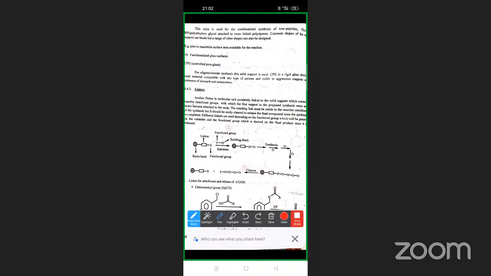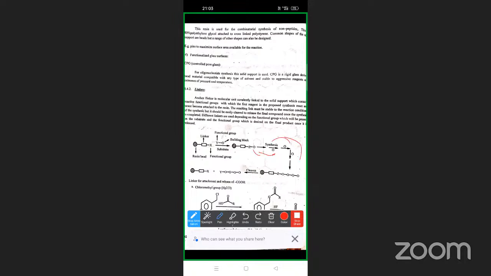Then the synthesis is carried out sequentially. The different building blocks are going to attach or react with this particular intermediate compound here. The next amino acid or next building block attaches here, then the next, and so on.